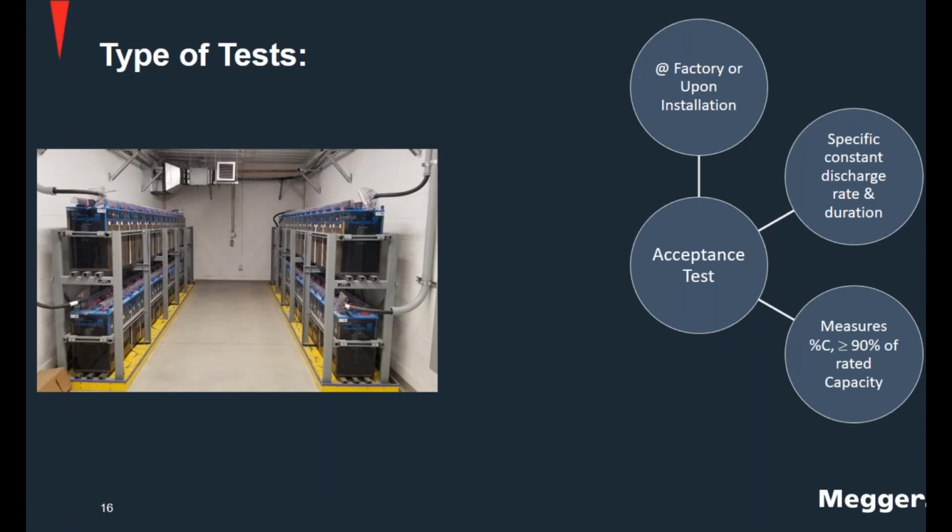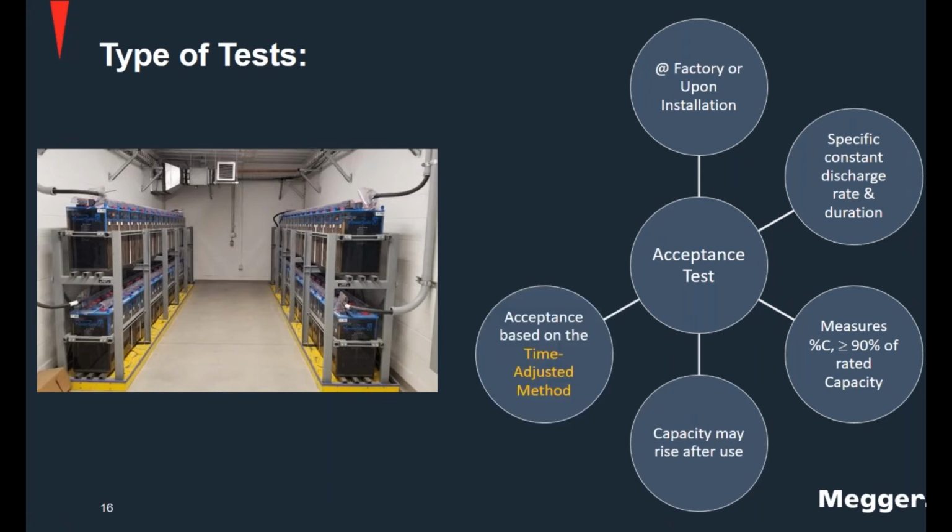So if you test the battery too soon after installation and not having been under floating conditions for a while, then it's not going to show 100% capacity, but that capacity can increase after some time. Then when you want to get the calculation for the capacity, there are 2 different methods in the standard, and we're going to be talking about them.